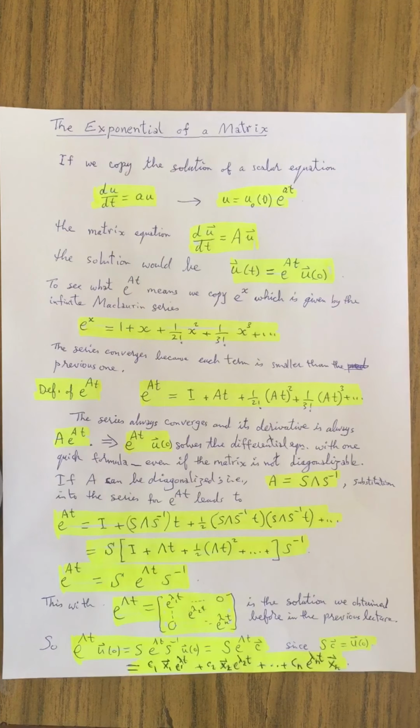Now we come to the subject of the exponential of a matrix. If we copy the solution of a scalar equation, du by dt equals au, the solution is u equals u of 0 times e to the at. So if we take the matrix equation du by dt equals Au, where u is a vector, the solution would be u of t equals e to the At times u of 0.